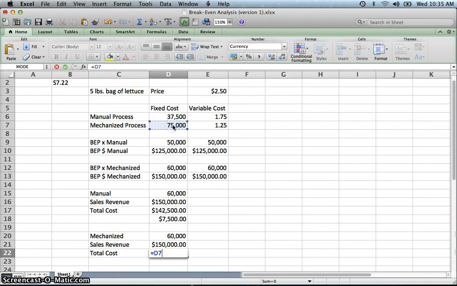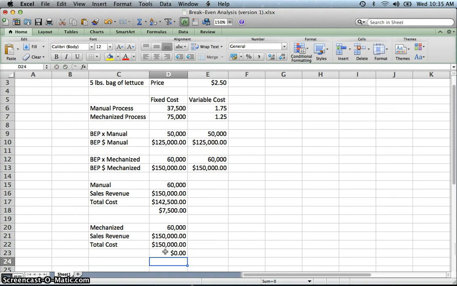So we have this fixed cost plus we have then the variable cost. So it's 60,000 times the variable cost of $1.25, and it should equal 150,000. And so once again, 150,000 sales revenue minus the total cost.